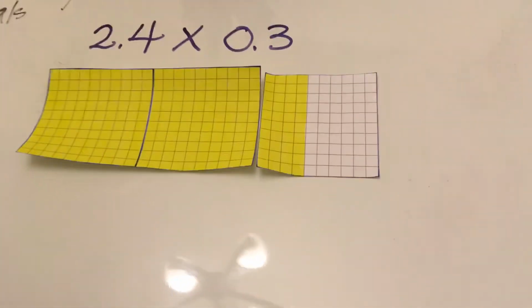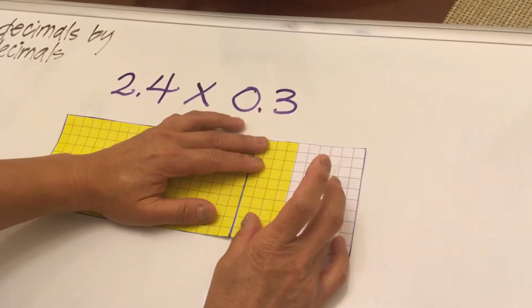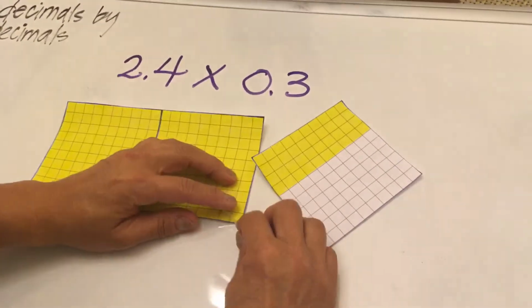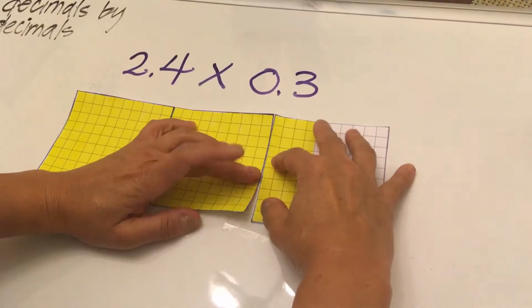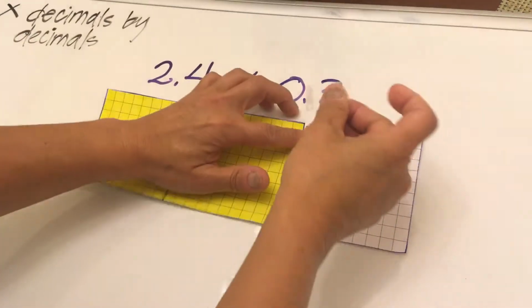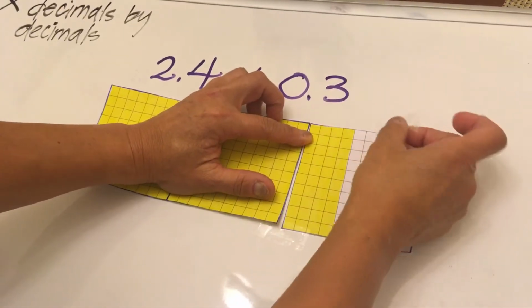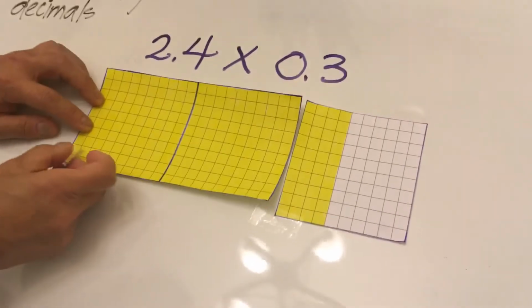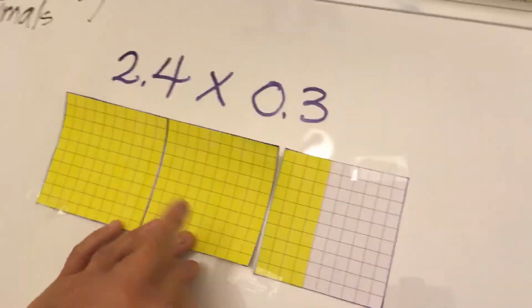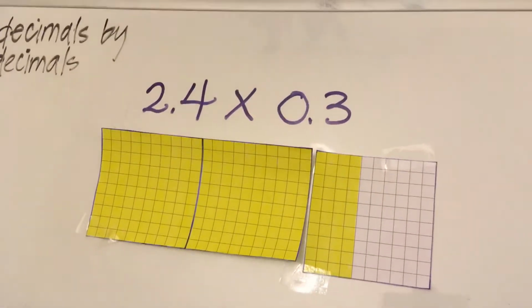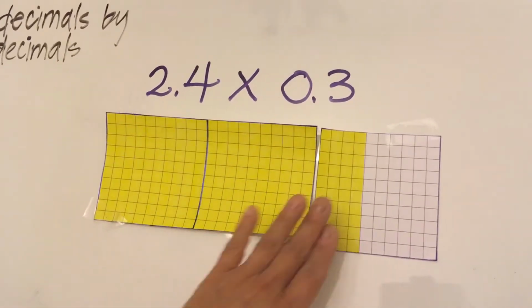Again, I'm just going to go ahead and do this really quickly. And then up here as well. And one more over here. So you can see that I am representing $2.40.